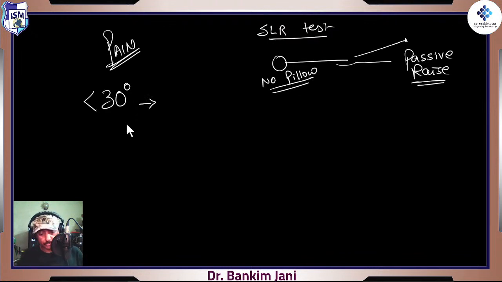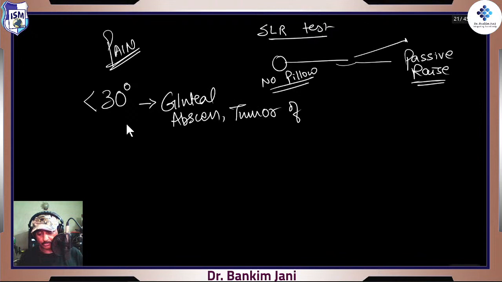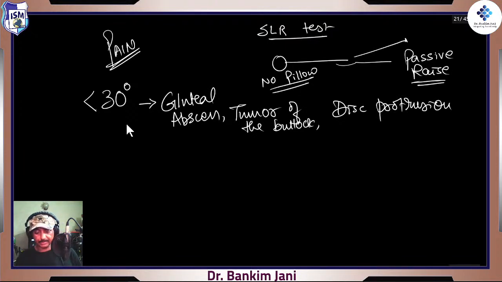It could be a gluteal abscess, so the patient will be giving a history of fever, etc. There could be a tumor of the buttock, or it could be, say, disc protrusion. All these things can occur.